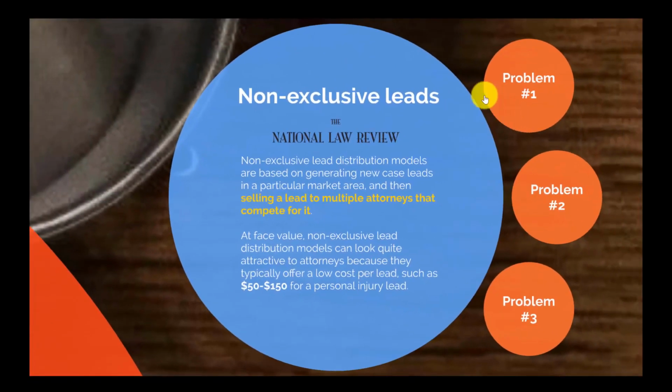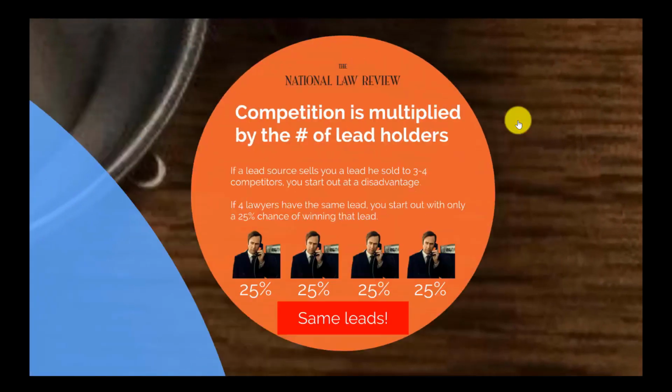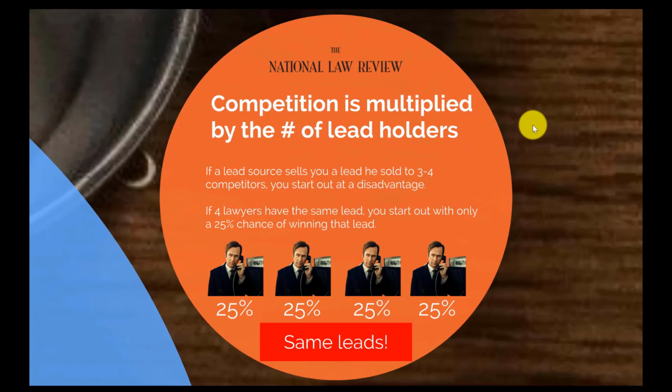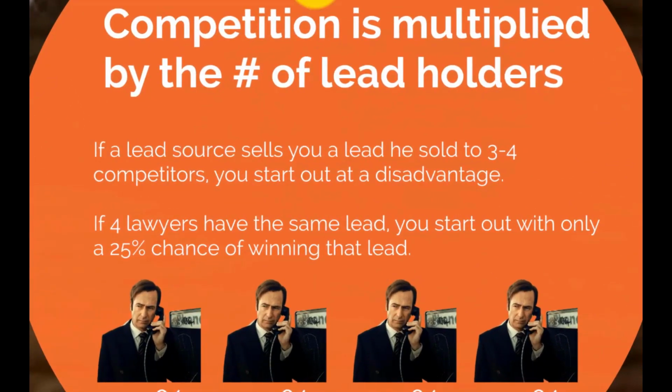Problem number one with non-exclusive leads, and this is also a fact from the National Law Review, the competition is multiplied by the number of lead holders. If a lead source sells you a lead he sold to 3 to 4 competitors, you already start out at a disadvantage. Picture this.